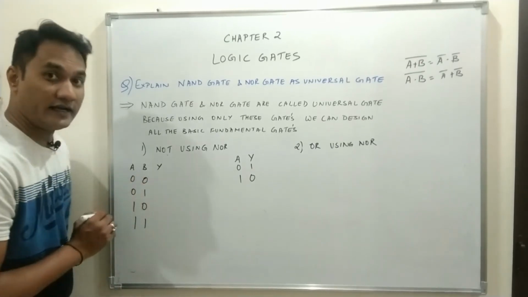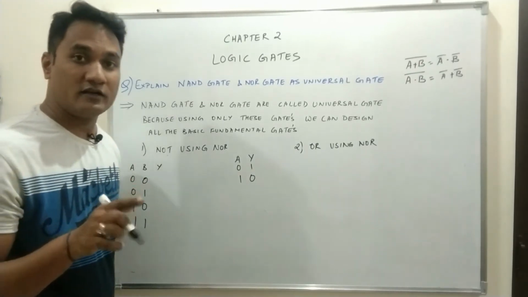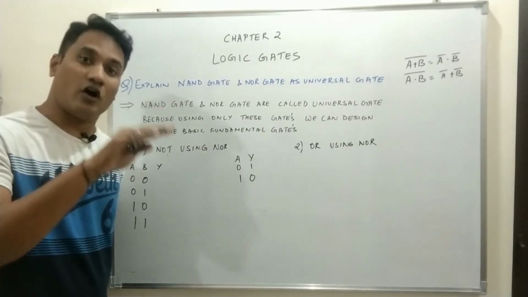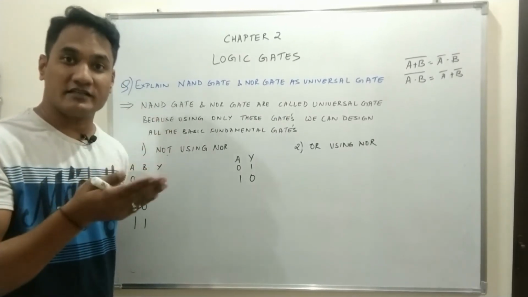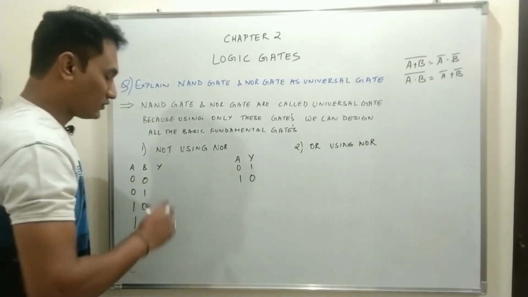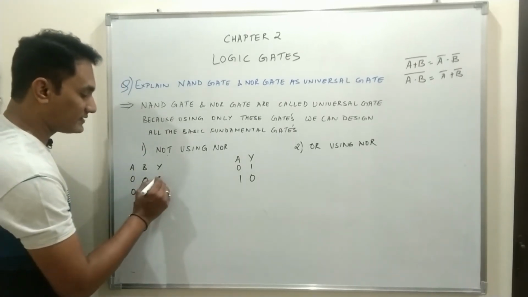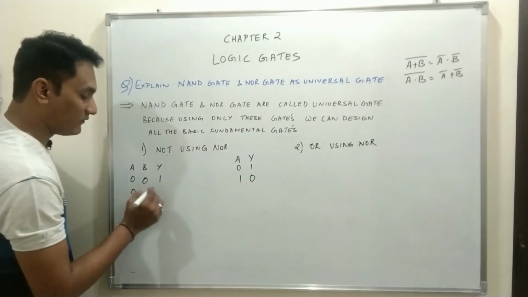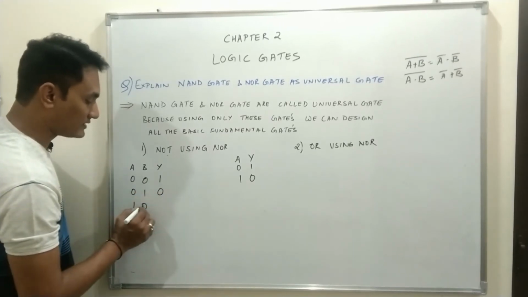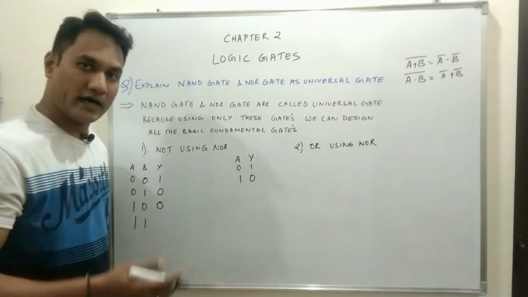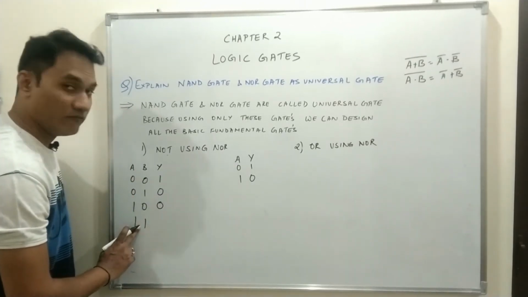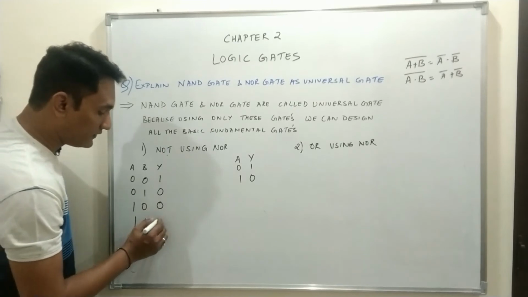Now, how do we define a NOR gate? NOR gate is the inverse of OR, and OR stands for addition. So the inverse of addition will give you NOR. So 0 plus 0 is 0, inverse is 1. 0 plus 1 is 1, inverse 0. 1 plus 0 is 1, inverse 0. 1 plus 1, or 1 OR 1, in OR logic it will be 1, but the complement of that will be 0.